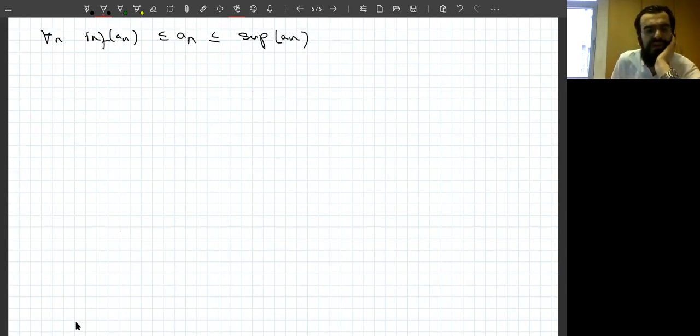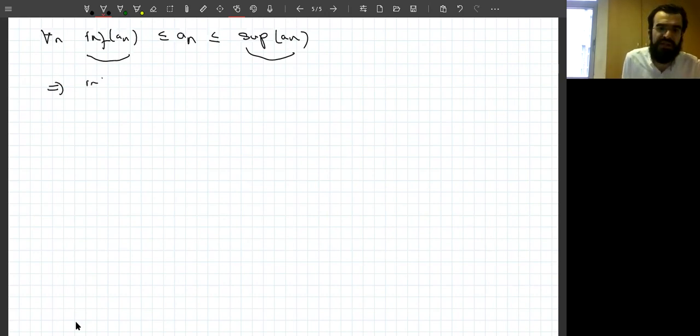So if I am able to show that the limit of this, which is alpha, equals the limit of that one, which is beta, then the limit of a_n is alpha. But in fact, this implies inf a_kn is less than a_kn, less than sup a_kn.